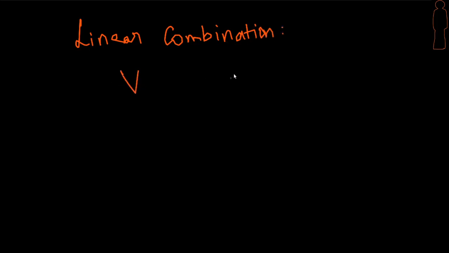Now we use both these operations in order to understand what is called a linear combination. So we pick up a vector, say v, and another vector w.